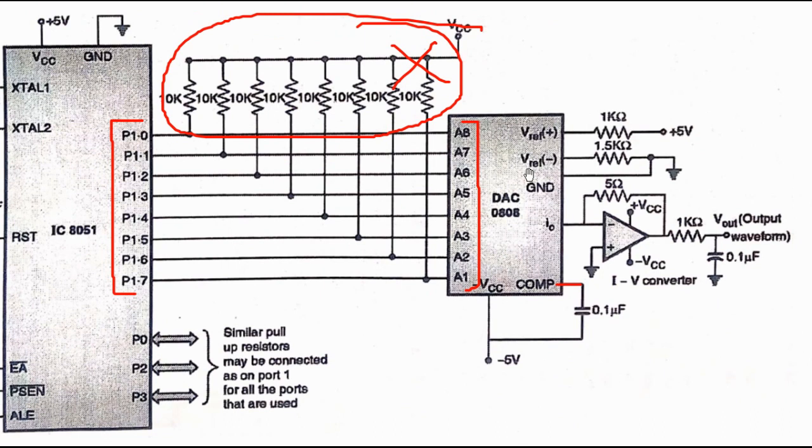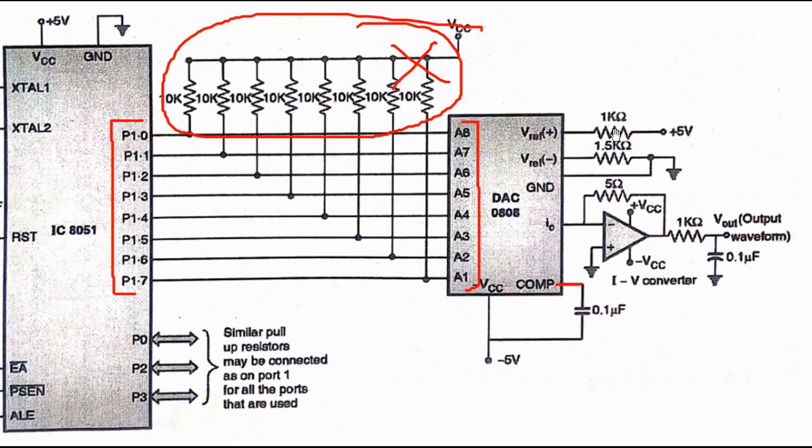Next is the V reference pin. V reference positive and V reference negative are connected to 5 volt and ground by using 1 kilo ohm and 1.5 kilo ohm resistors. Why have we used those resistors?